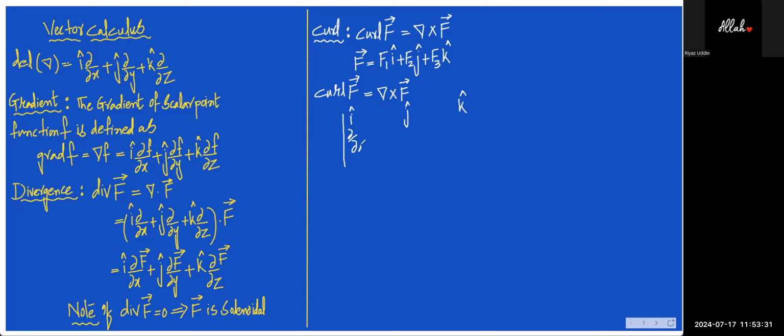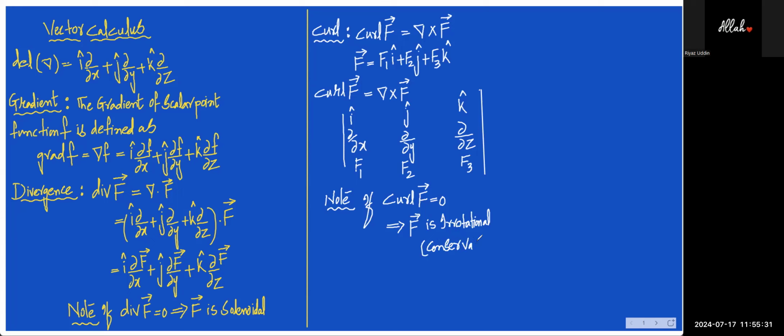Another name for this is conservative. In some books they use this one also, conservative. In an exam they asked it like this and confused the students: show that f is conservative. Conservative is nothing but irrotational only.